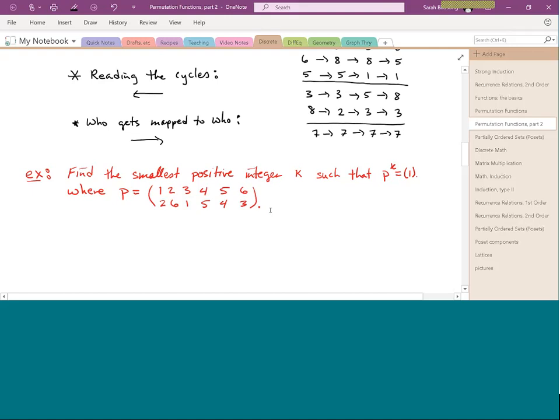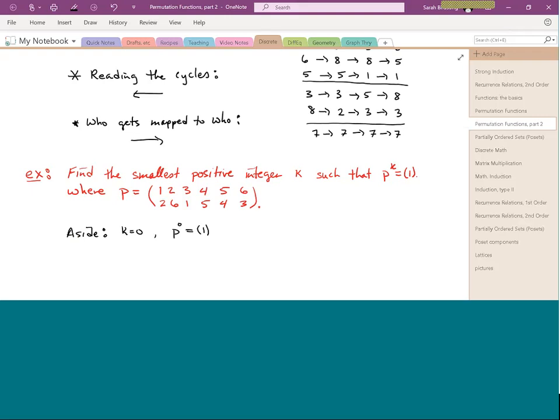Now, there is more than one answer to this. Okay? So here's the answer that nobody wants. K equals 0. Okay? So by definition, any permutation function raised to the 0 power is going to be your identity function. This totally mimics what you do if you were raising any integer to a power of 0.